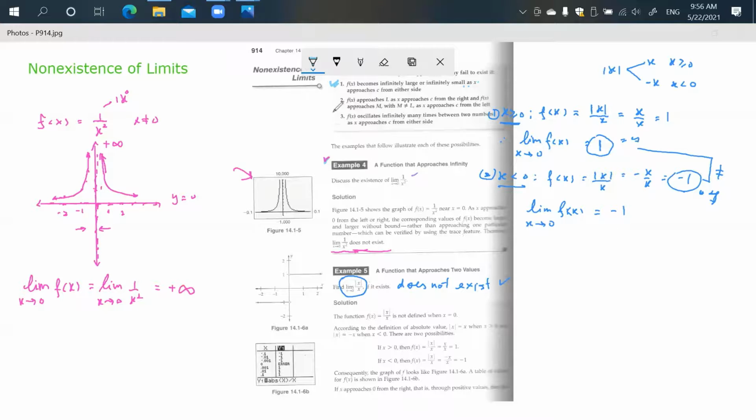So this is case number 2, and number 1 is this case.